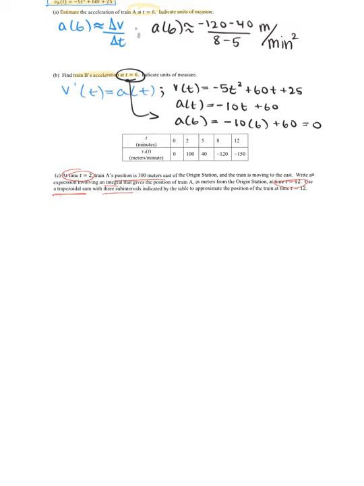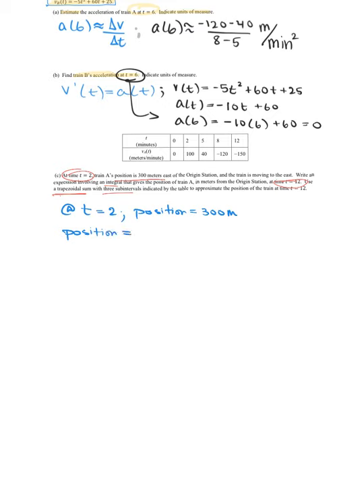So at time t equals 2, the position is 300. And then I need to write an integral that gives position. I know the integral formula for position, right, is the initial position.